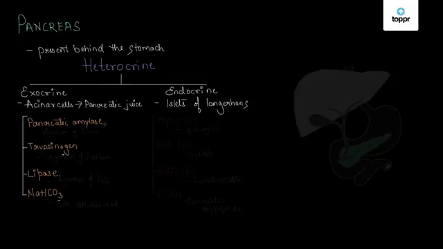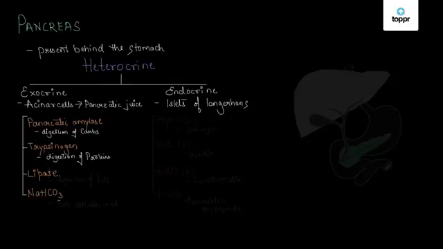It is similar to the salivary amylase, and if you remember the function of salivary amylase, pancreatic amylase is also responsible for the digestion of carbohydrates. Similarly, trypsinogen is responsible for the digestion of proteins. So pepsinogen and trypsinogen are all responsible for the digestion of proteins.